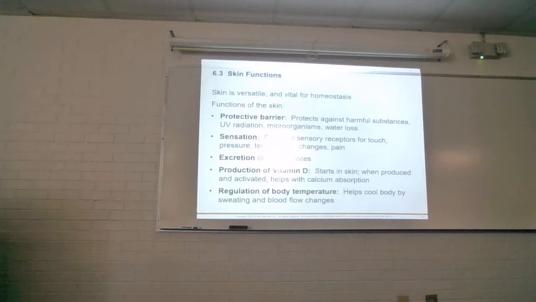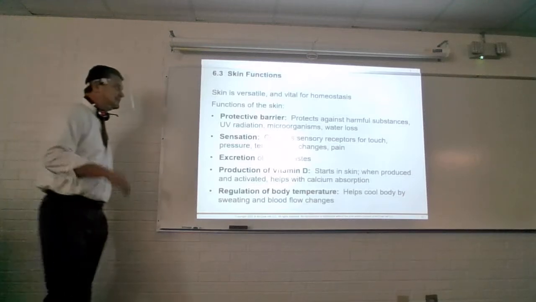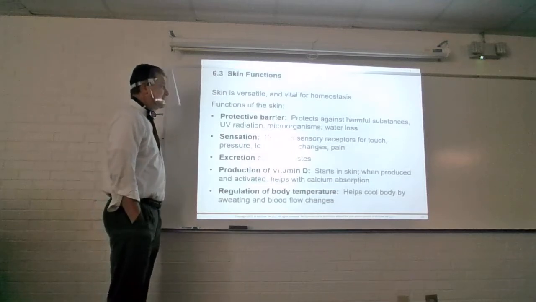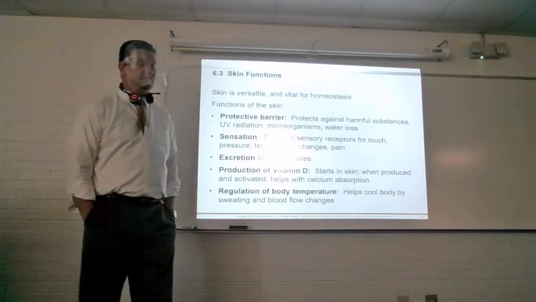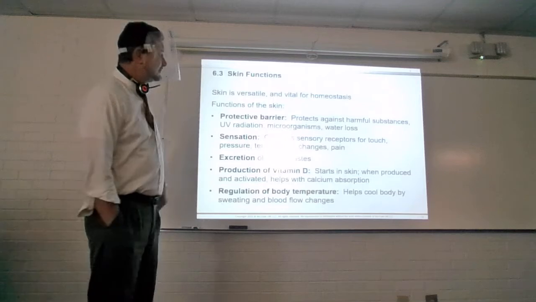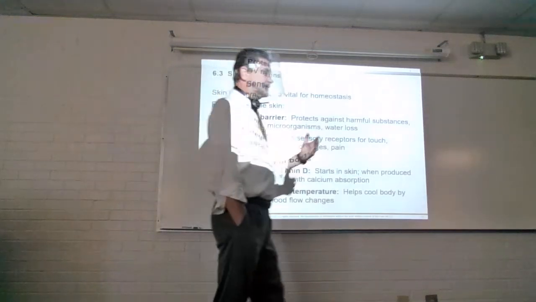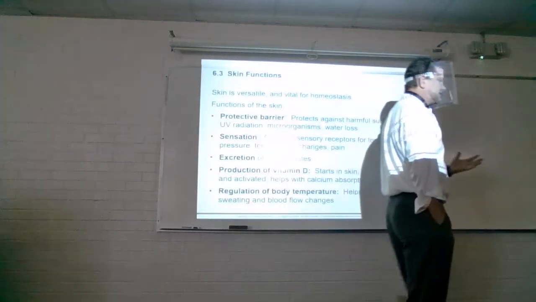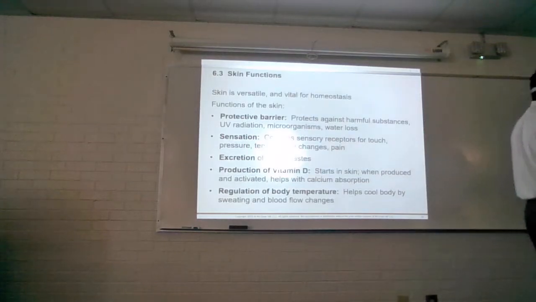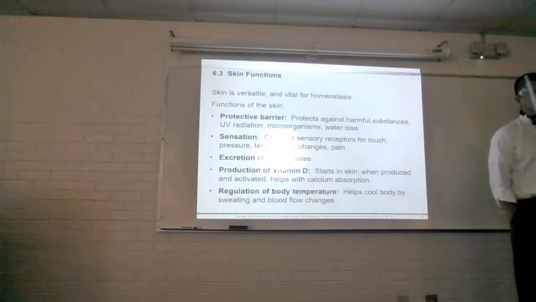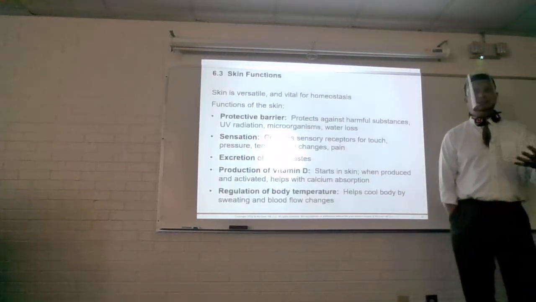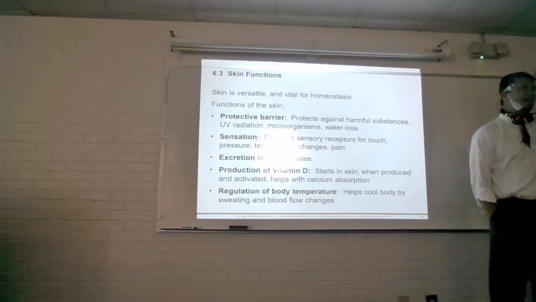Now, the skin itself, once we look at the skin, again, the cutaneous membrane is absolutely vital for homeostasis. It is the first line of defense. And when you get into the lymphatic system and you study immunity, this is the first line of defense. It is the border that anything that wants to do you harm has to cross.